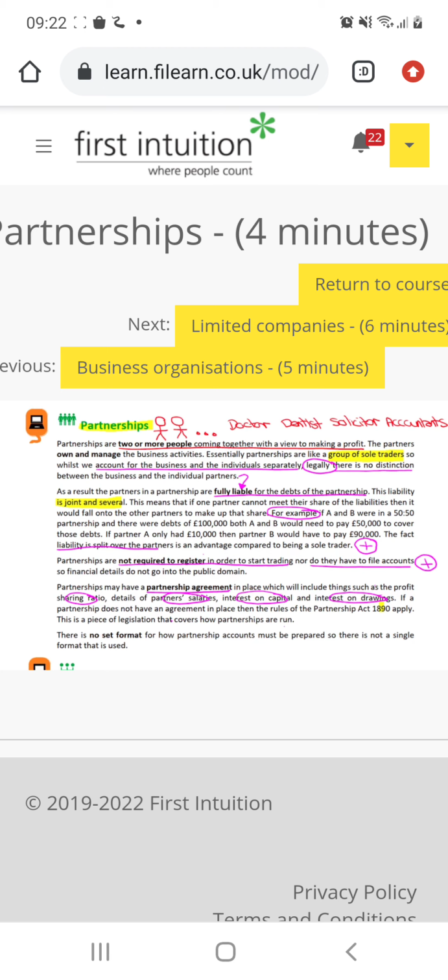If a partnership doesn't have an individual documented agreement in place, then the rules of the Standard Partnership Act 1890 apply, and this is a piece of legislation that covers how partnerships are run. There is no set format for how partnership accounts must be prepared, so there is not a single format used.